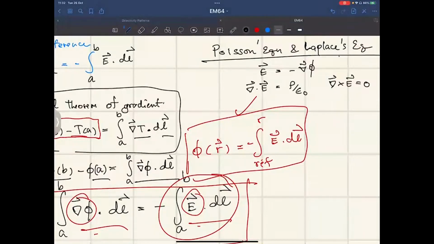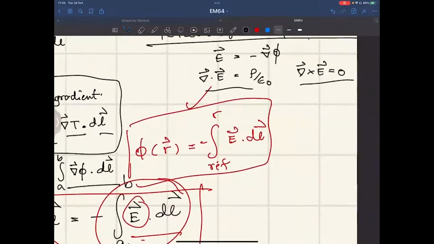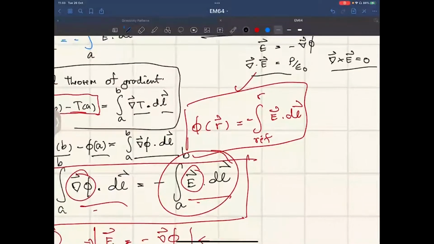Now, what we are going to do here is find out how these three equations can be written in the form of this and this. Let me write this down.